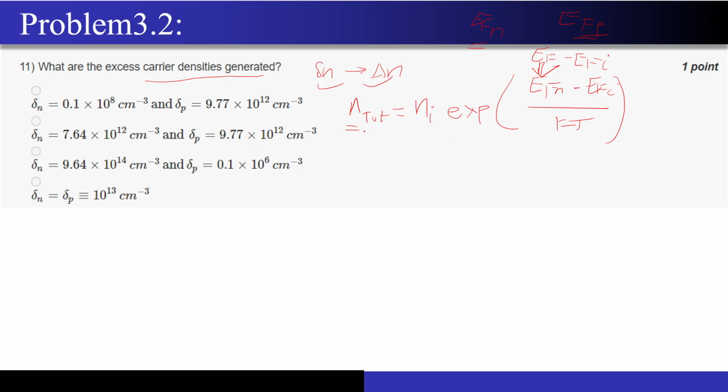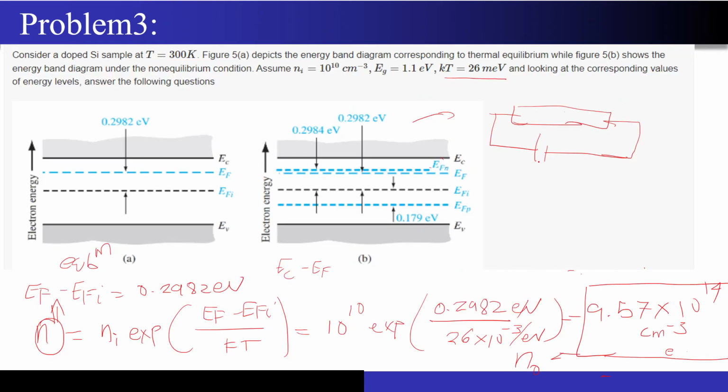So this is the concentration of total electrons. N total is nothing but Ni, given as 10 to the power 10, exponential of EFN minus EFi. We have to go back to the diagram and see the quantity EFN minus EFi. Let me see if they have given it to me or not.